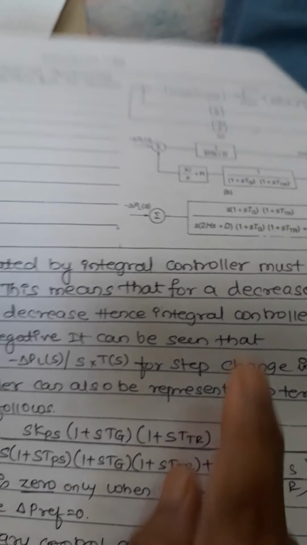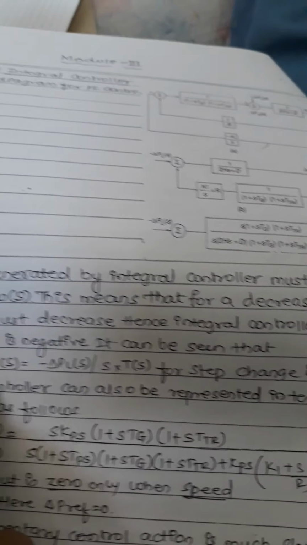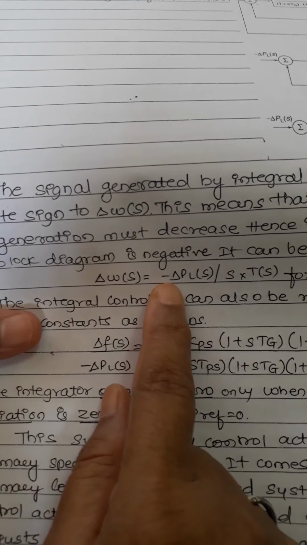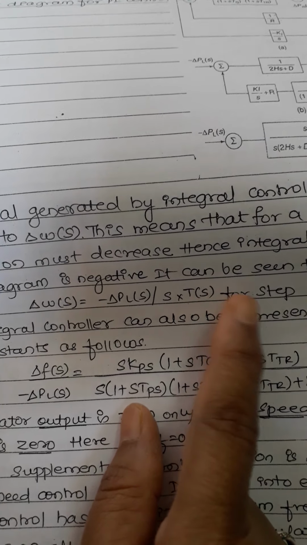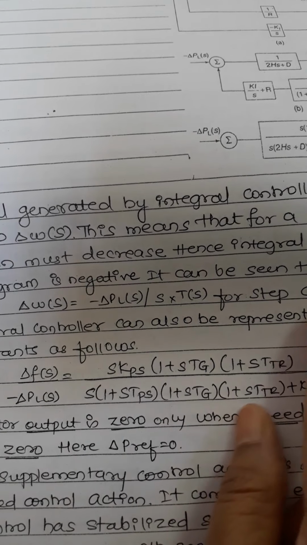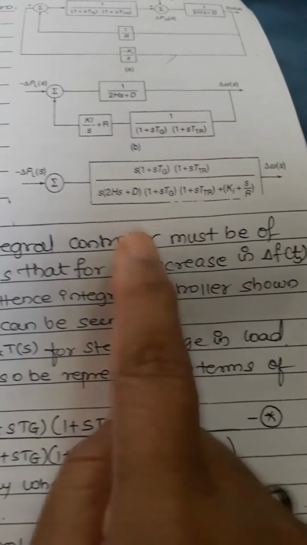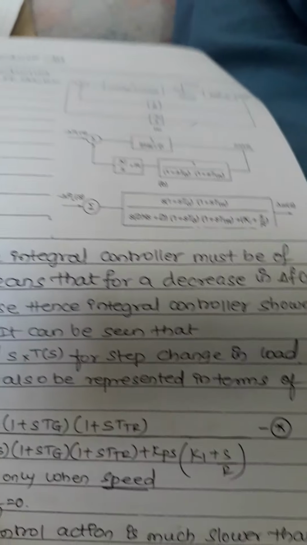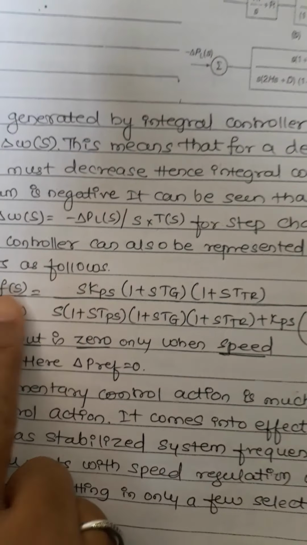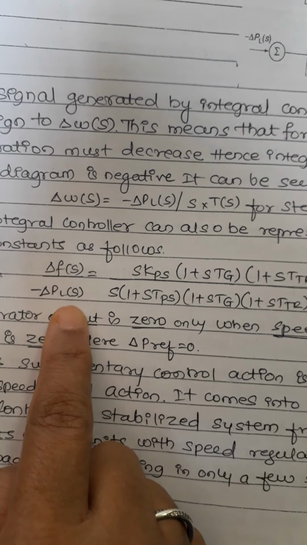If we solve this decrease in the integral control, we get delta Ωs equal to minus delta PLs upon s into Ts. Ts is nothing but the time for the step change. Whenever the time changes we get this change. Next, if you solve the full block diagram we get it in this form: delta Fs upon minus delta PLs.